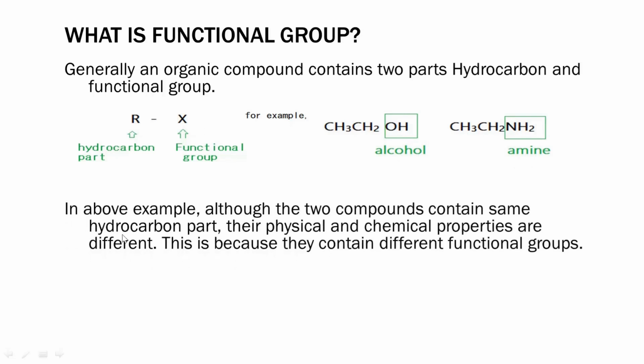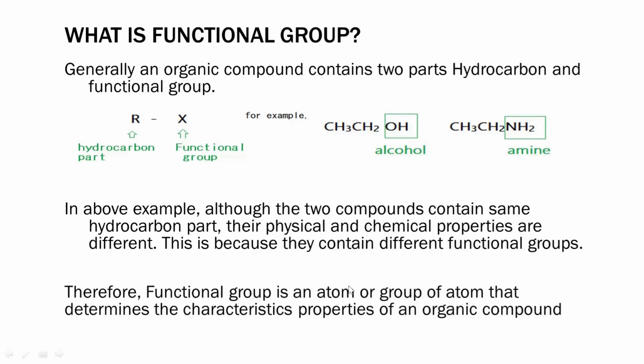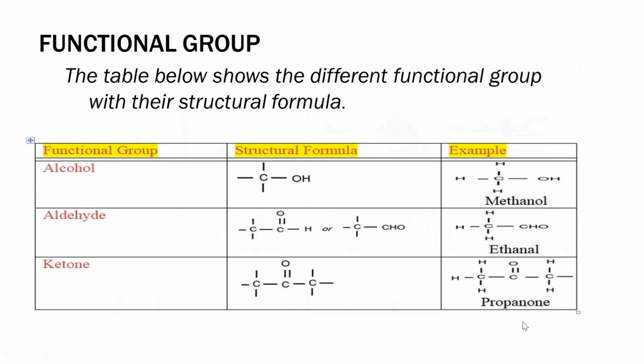So in our example, the two compounds contain the same hydrocarbon part, but their physical and chemical properties are different. This is because they contain different functional groups. That means a functional group is an atom or group of atoms that determines the characteristic property of an organic compound.